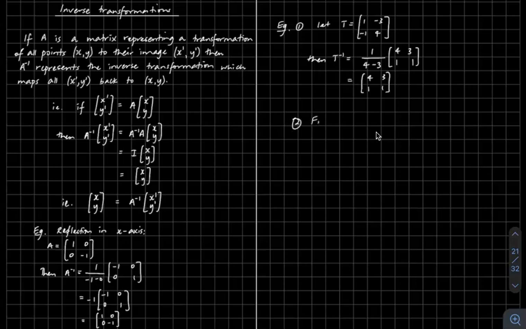What about if we had a second example where we said find the inverse transformation of that represented by, and let's say we had the point xy being taken to the point 2x minus 5y and negative x plus 2y.